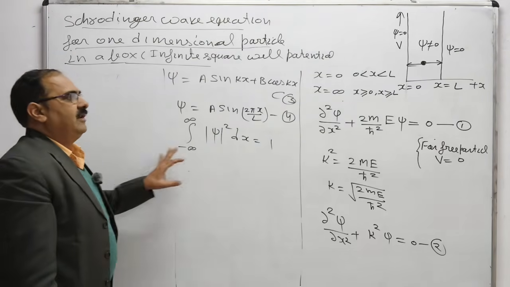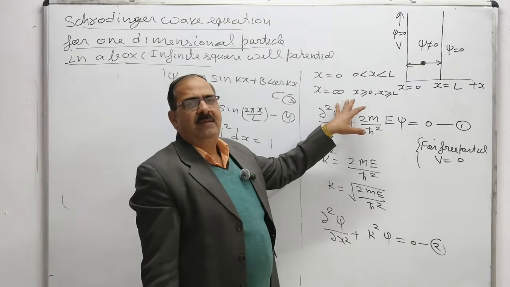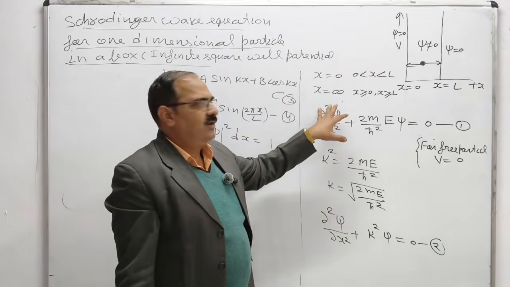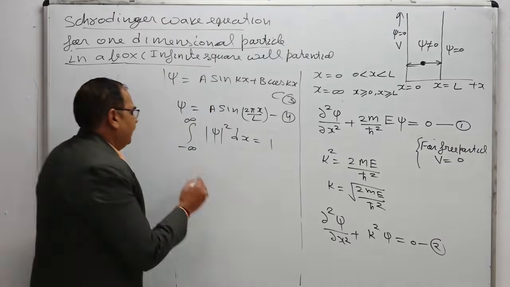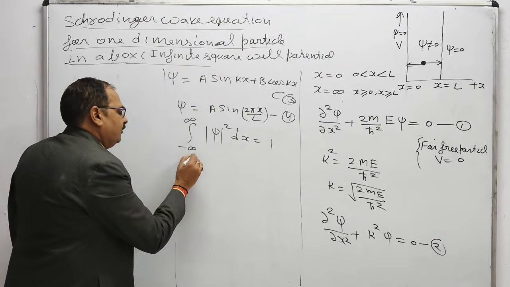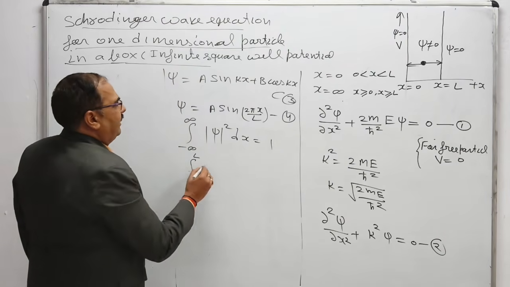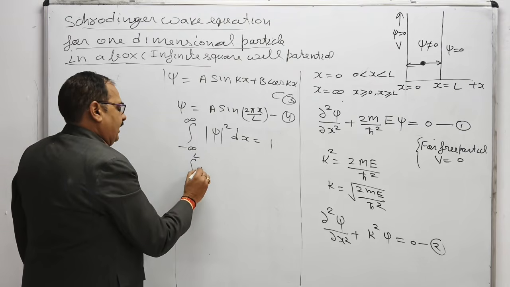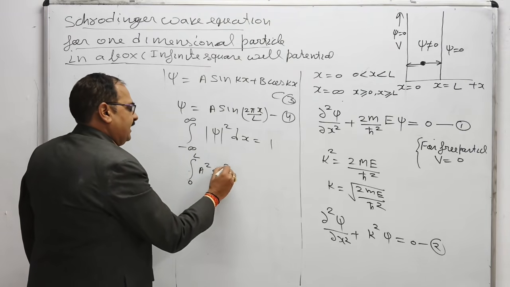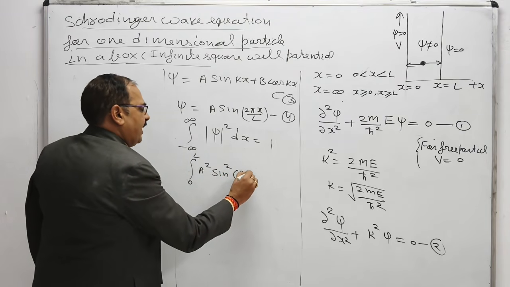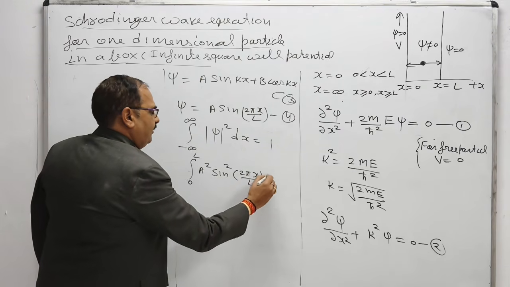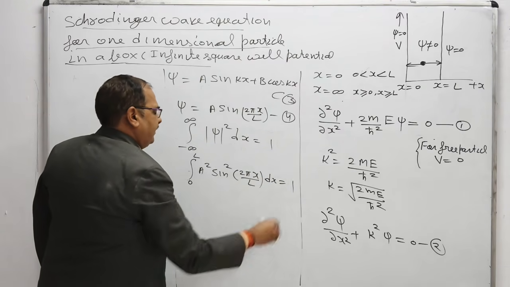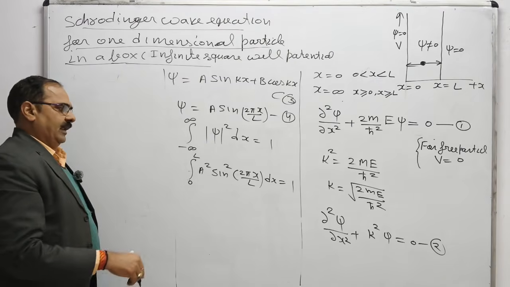In this question the limit is x is equal to 0 to x is equal to L. Then the integral from 0 to L of A square sin square 2 pi x upon L dx is equal to 1.